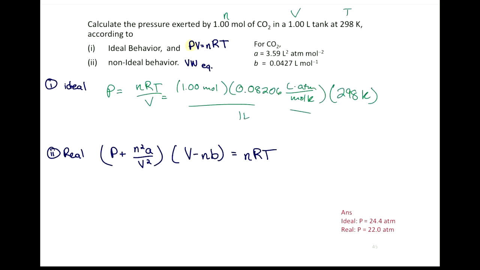Plug that into your calculator and you get 24.4 atm. That's just plug and chug, PV equals nRT. We've done a billion of those already.